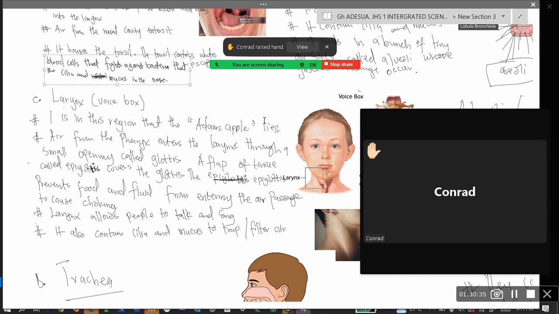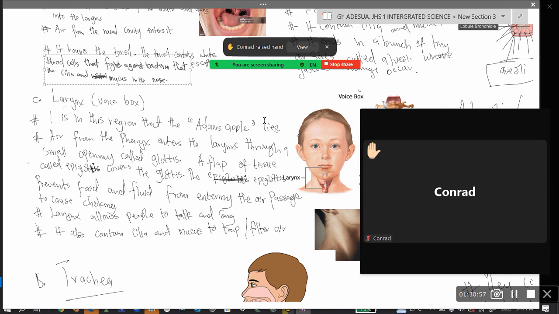When you are eating, it blocks the windpipe, so that food cannot pass through that side, so that we cannot choke. Exactly.